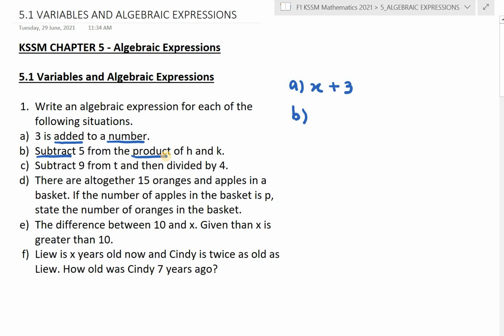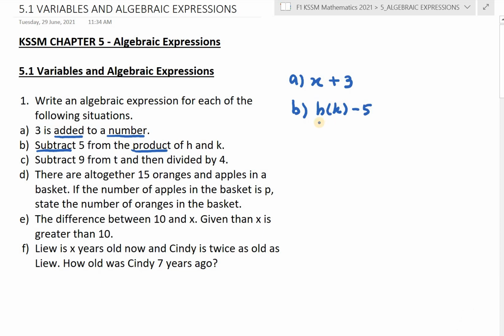H and K, kita boleh buat macam H darab K. Dan dia kata subtract 5 from H darab K. So, HK minus 5. If we simplify dia punya bracket ini, we will be getting HK minus 5. Sebab kita dah expand balik dia punya bracket tu. So that is for question B.